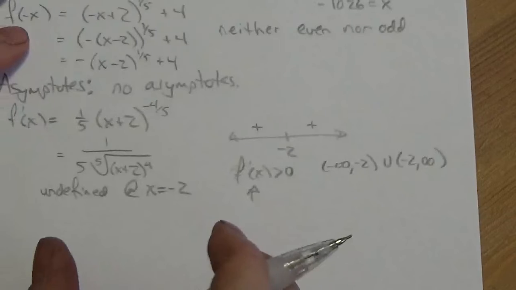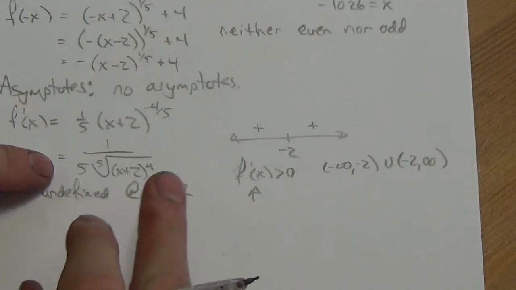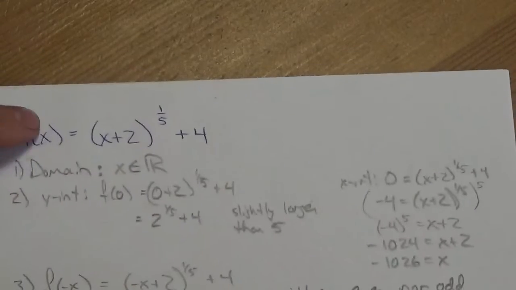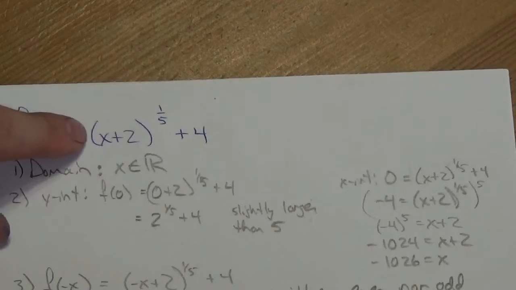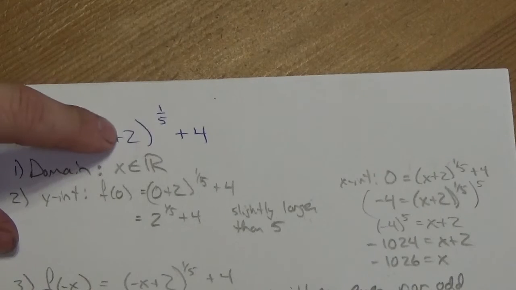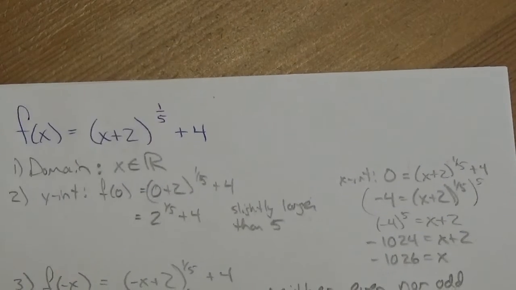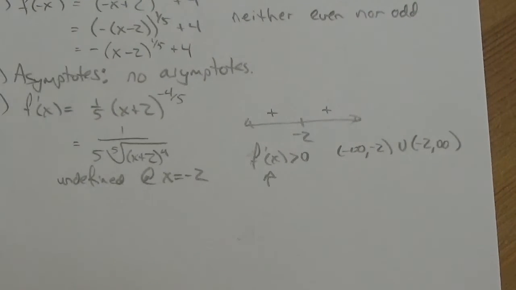Bear in mind that although the derivative is undefined at negative 2, the original function isn't. The original function was okay with negative 2. If you plug negative 2 into this, you get the 5th root of 0, which is 0, plus 4 is just 4. So our graph has no problems with it.